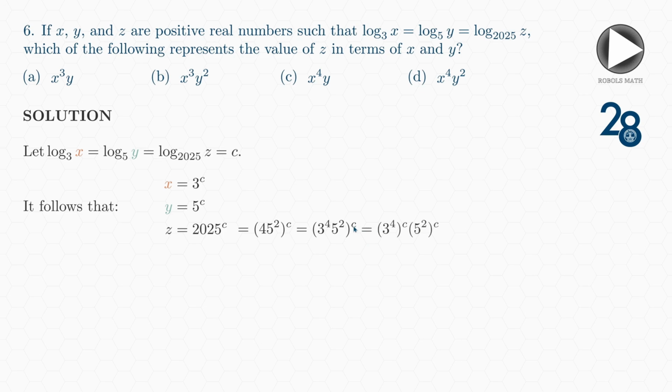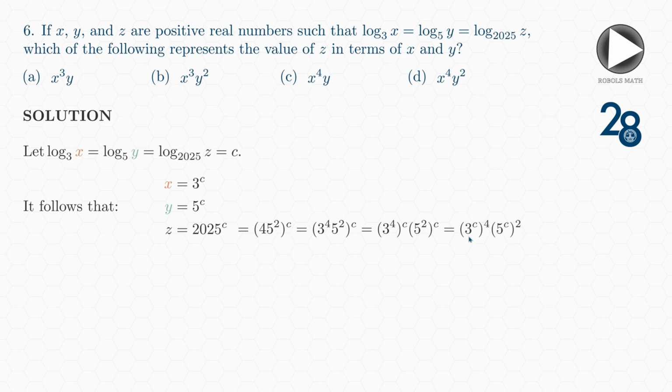And then we just use the product property of exponents. So it's equal to 3 to the 4th to the c times 5 squared to the c. And then we use the power of a power property. 3 to the 4th to the c is equivalent to 3 to the c to the 4th. And the other one is equivalent to 5 to the c squared.